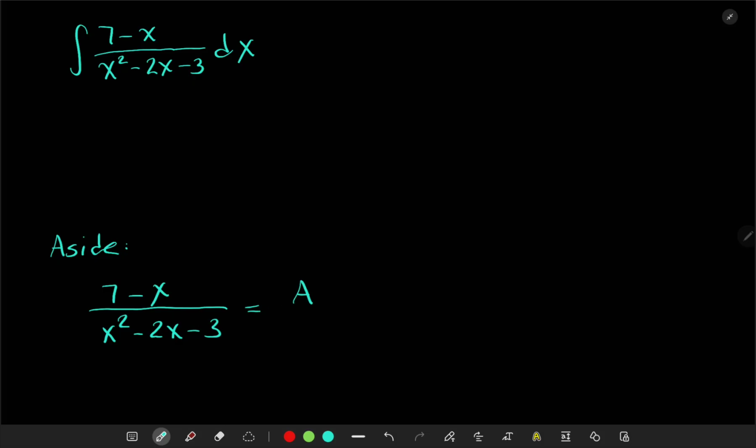Oh, by the way, I should have firstly factored. The first thing you want to do is factor your denominator to see what kind of expression you're dealing with. So I want negative 3 and plus 1, which gives me negative 2 when added and negative 3 when multiplied, so that looks good.